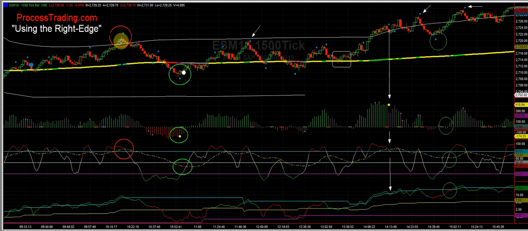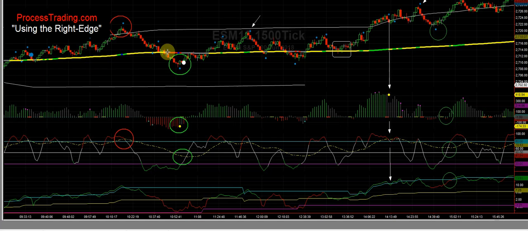So had we taken our trade by the trade management rules of entering immediately when we get that dot, we would have got in right here and we would have gone down to this point here. And as we come down to here, that trade then is good for 11 points.